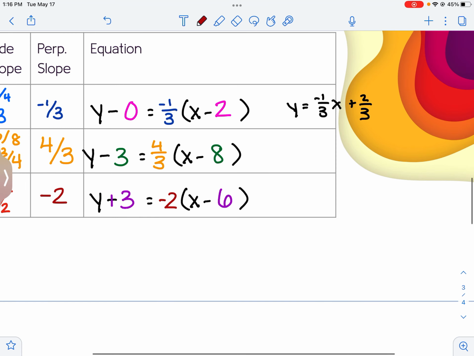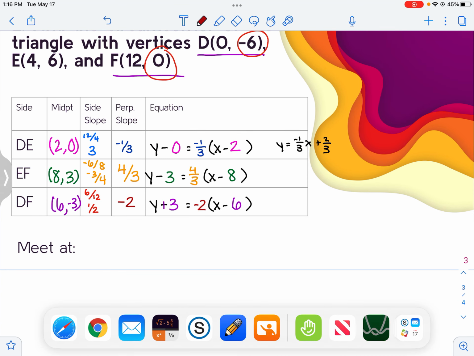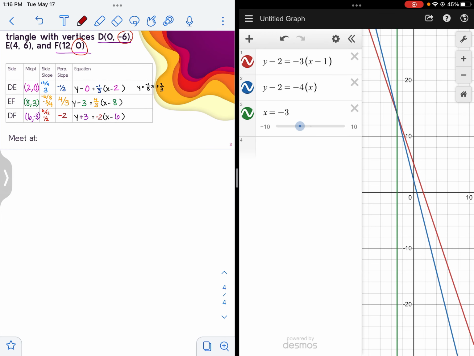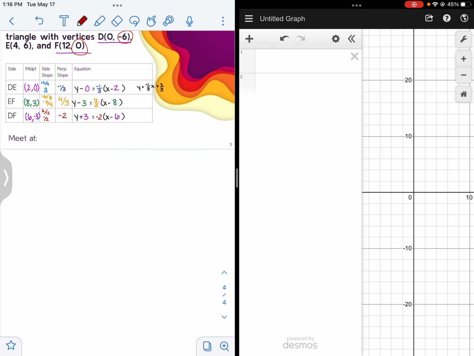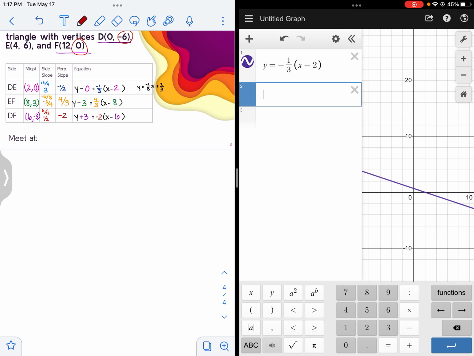Again, I can distribute these and solve it like a system of equations. I can also graph them. So I'm going to do y. I don't really need to type the -0 equals -1/3 times x minus 2.